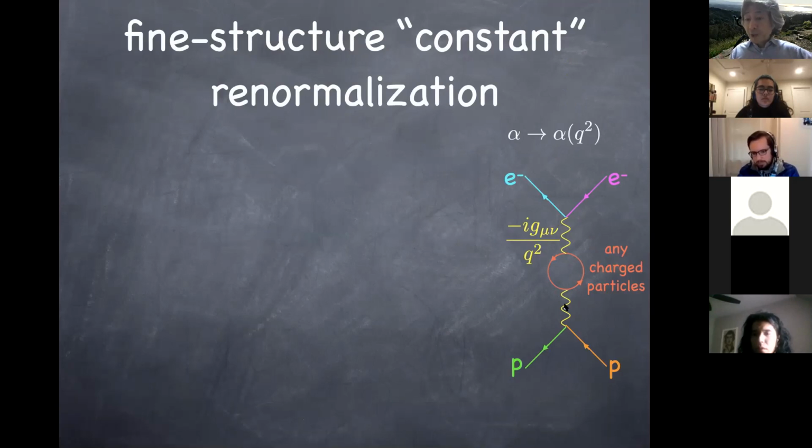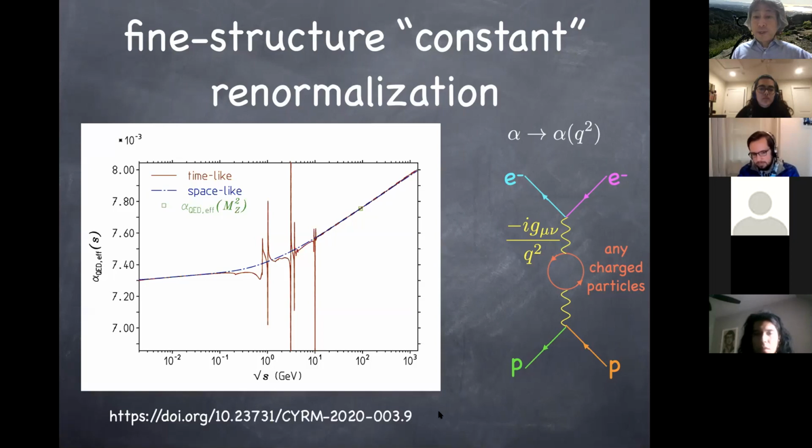But when you actually measure the strength of electromagnetism at finite momentum transfer, the number turns out to be different, which you can also compute depending on whether Q squared is positive, time-like, or negative, space-like. You get different predictions, but asymptotically they look more or less the same.